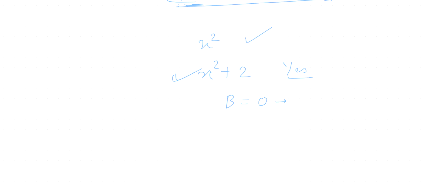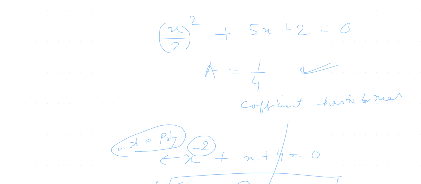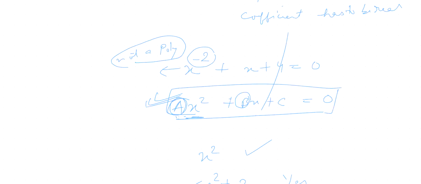But if I just tell you that 4x plus 5 is equal to 0, this is not a quadratic equation, because there's one problem. I think I forgot to mention this; I'm just mentioning it now. This a that we talk about cannot be zero.